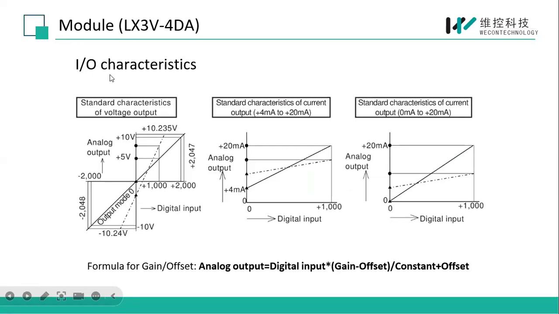The standard characteristic for voltage output is that when the digital input is 0, the output voltage is 0. And if the digital input is 2000, the voltage output is 10 volts.